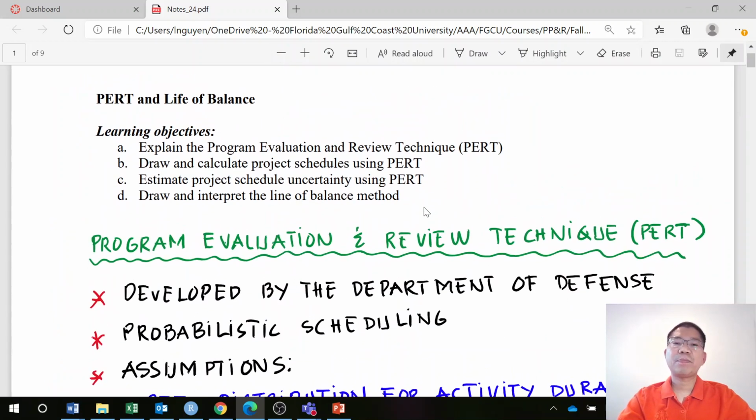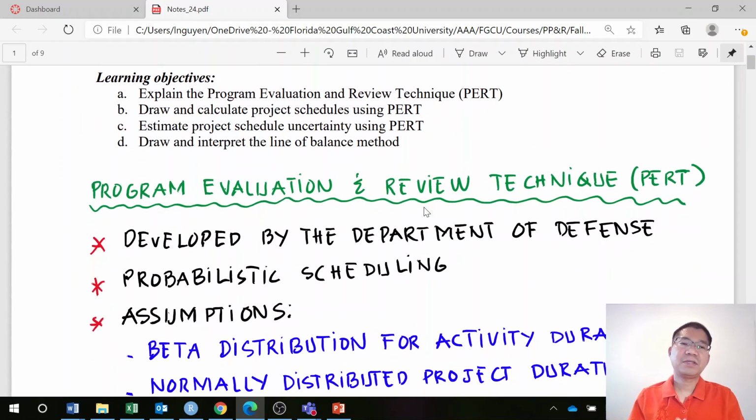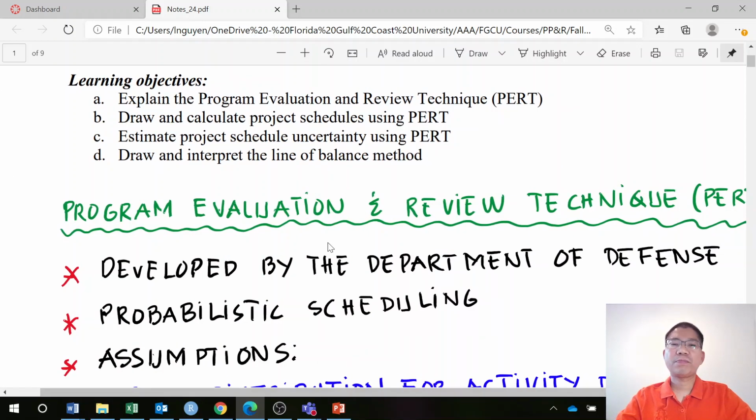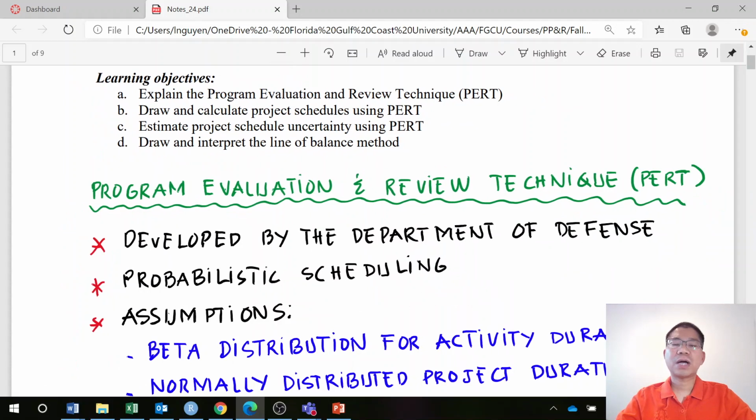This was developed by the U.S. Department of Defense in the 1950s, and it is probability scheduling. So why probability scheduling? As you can see, everything involves uncertainty. Let's say you drive from your house to work.